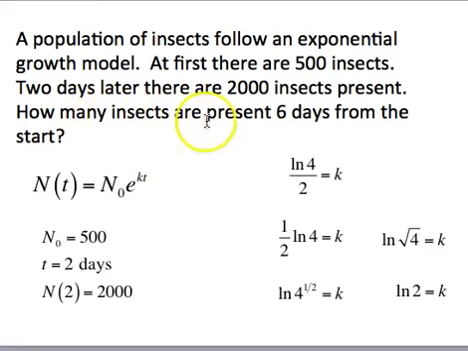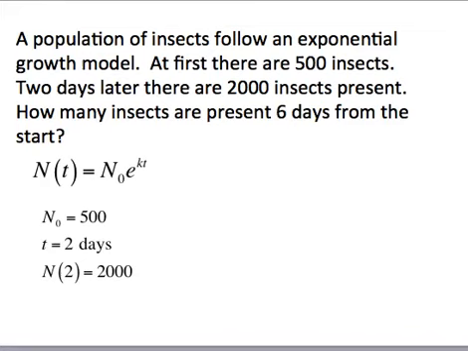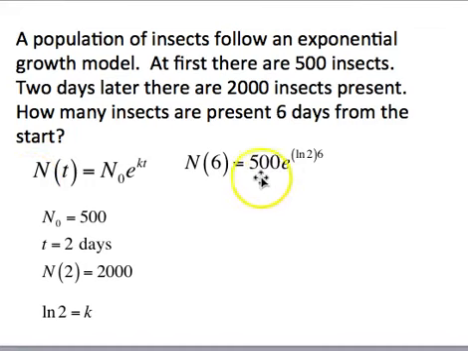So our goal is to get how many insects are present 6 days from the start, or n of 6. So this is the stuff we're given, and we've just found out that k is log 2. We want to know what n of 6 is. So my initial term is 500 e to the k times 6, and we simplified k to be log 2. But now e and natural log are inverse operations, so e to the log 2 is just 2.